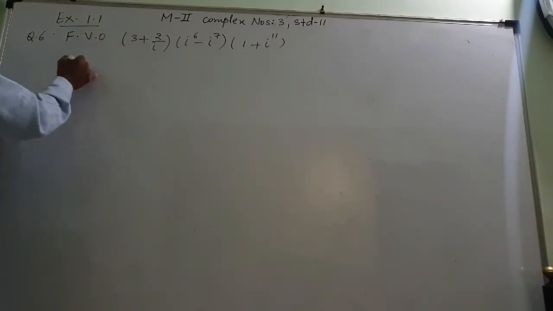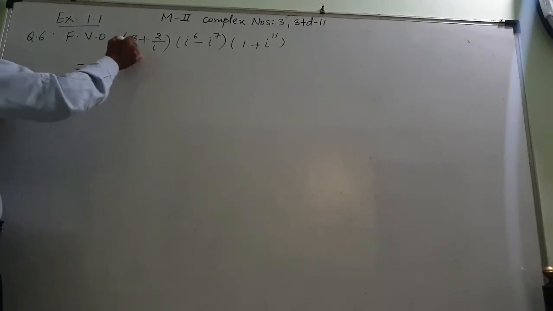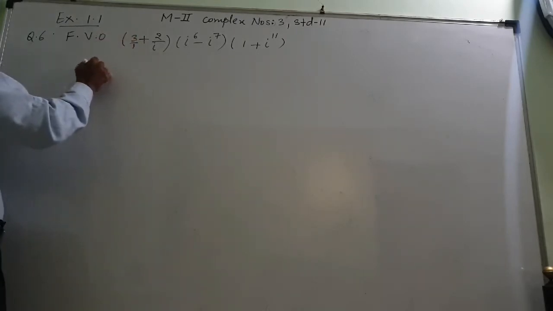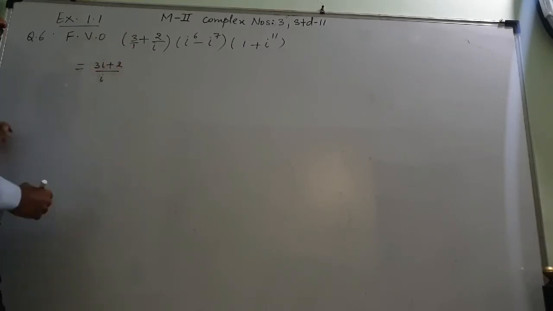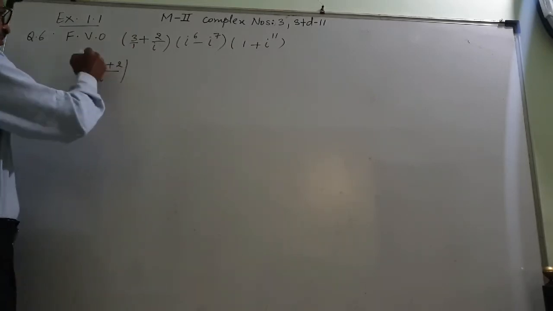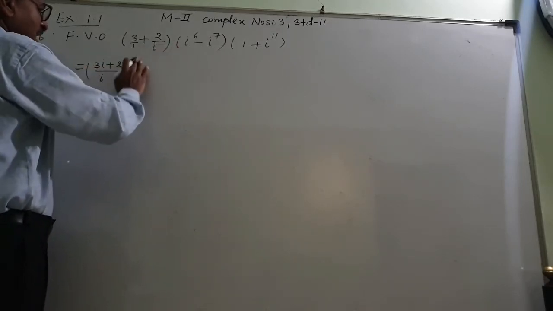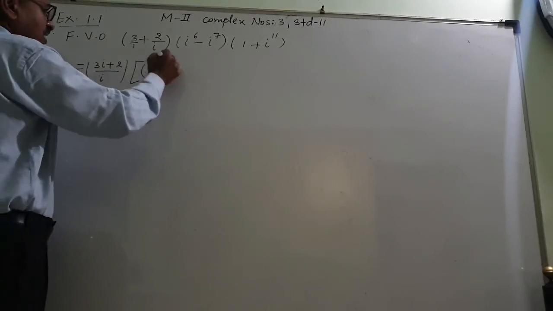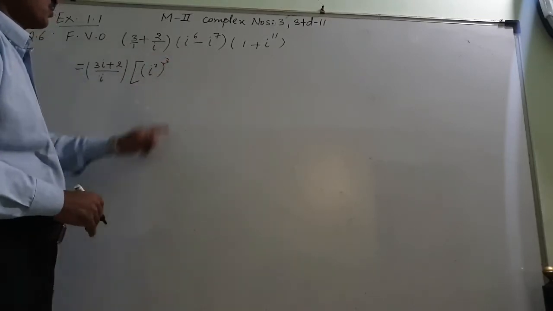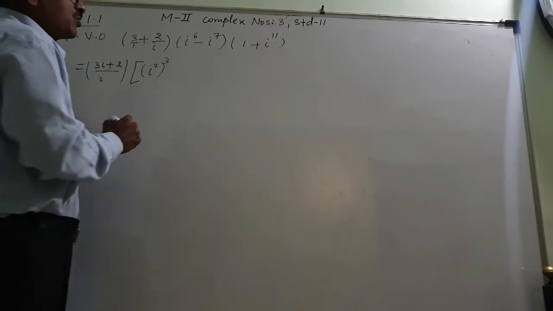This first of all, I will simplify this properly. This is equal to cross multiplication, (3i + 2)/i, into this will be (i square) raised to 3. I told you that always i square means minus 1, that's why (i square) raised to 3.